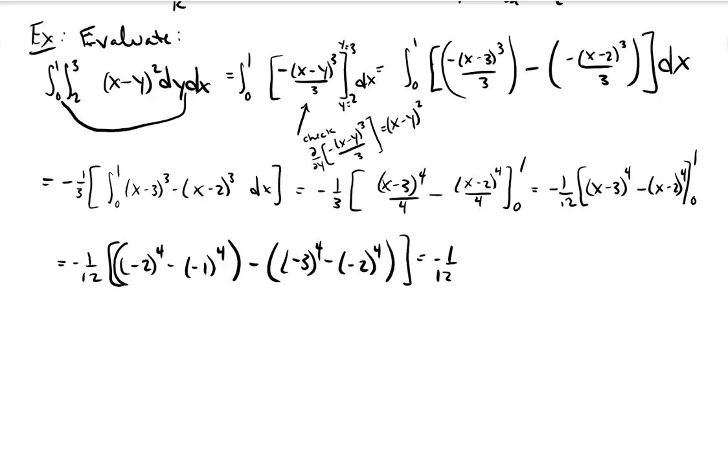Which you can clean up all you want. Looks like we get 16 minus 1, minus 3 to the 4th is 81, minus 16. And so on. Right? Arithmetic from here. I hesitate to even show it.